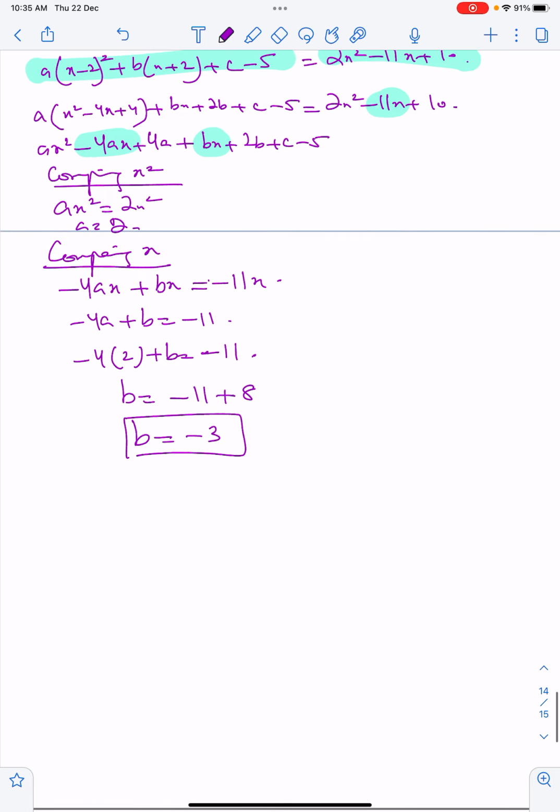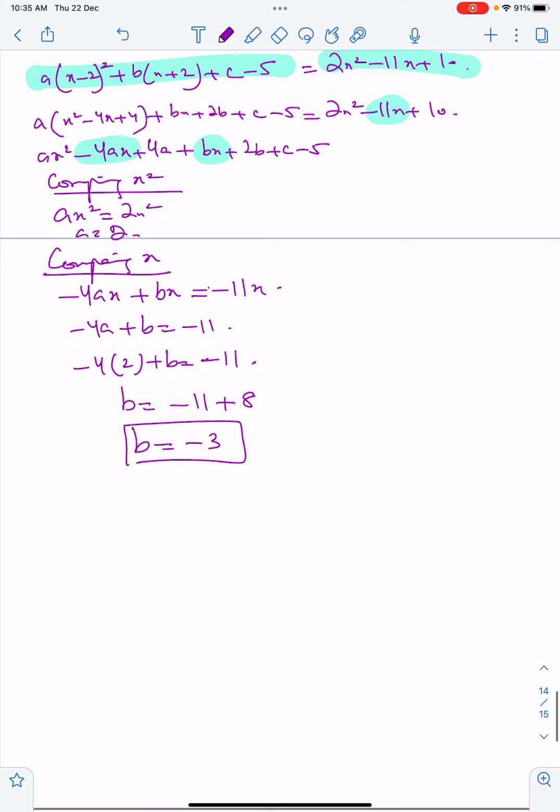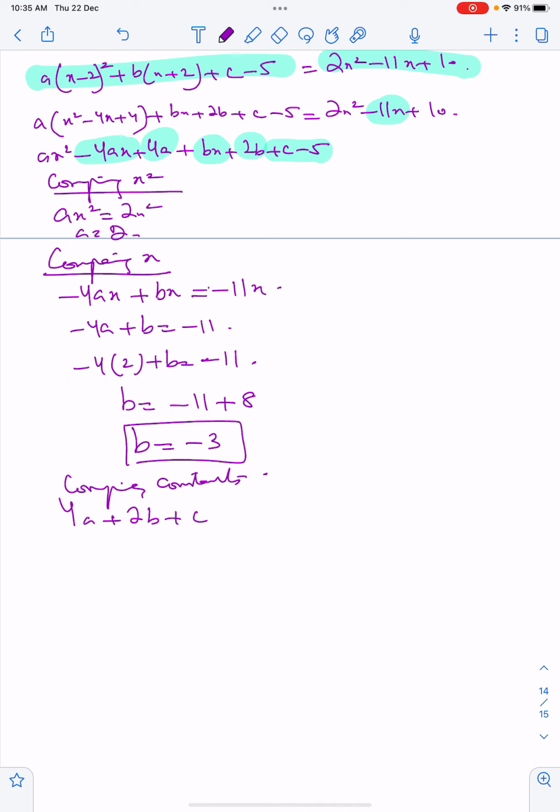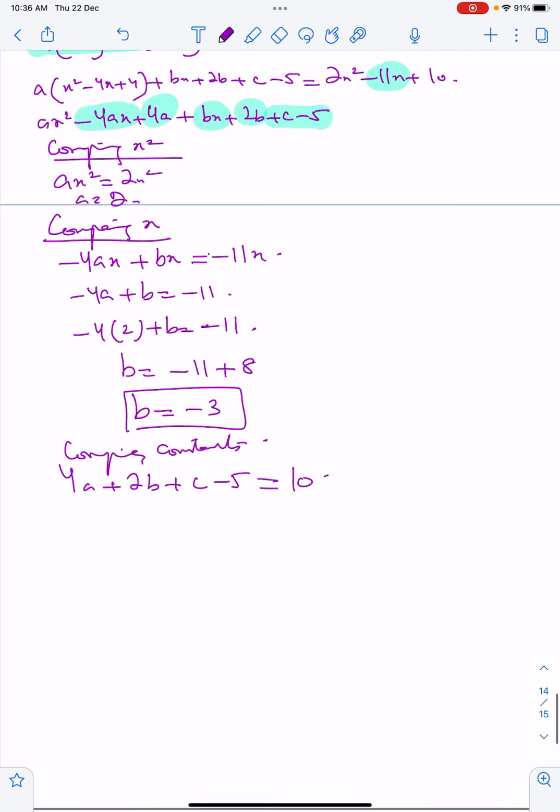Okay, now I have to compare the constants. On this side, the constants which I have are 4a plus 2b plus c minus 5, equals the constant on this side, which is 10.